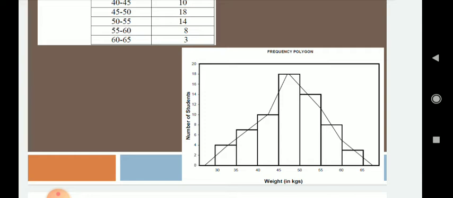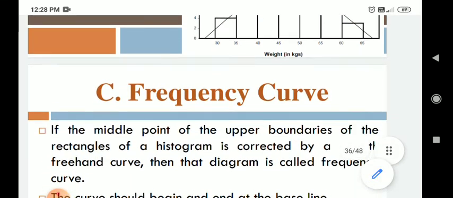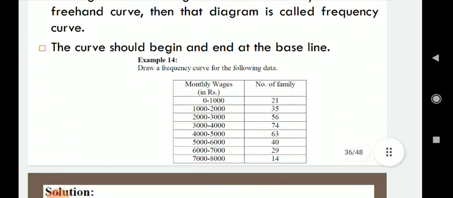So instead of a scale and a pencil, if I use a freehand sketch to join these, it should go up a little bit. So this becomes your frequency curve, not a polygon. Okay, so that is what we are going to do here.